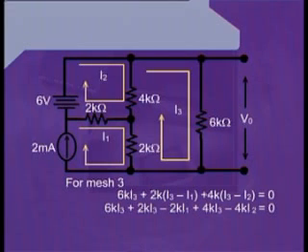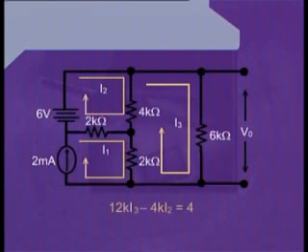If we further simplify this equation, we can write 12k I3 minus 4k I2 minus 4 equals 0. Therefore, the complete simplification of this equation can be written as 12k I3 minus 4k I2 is equal to 4.